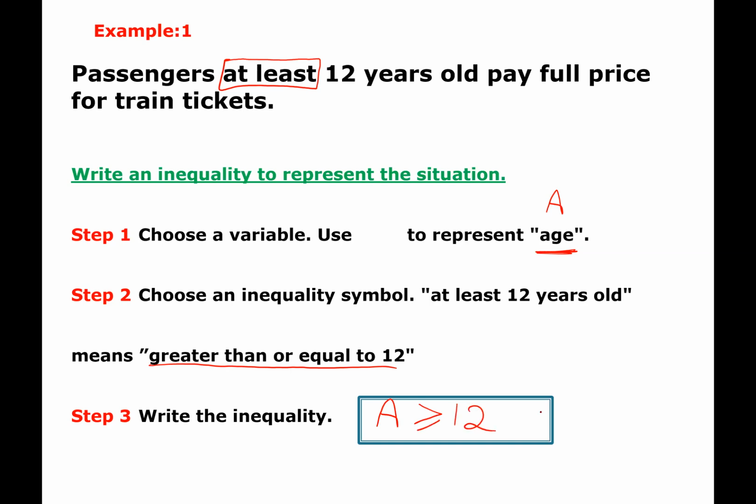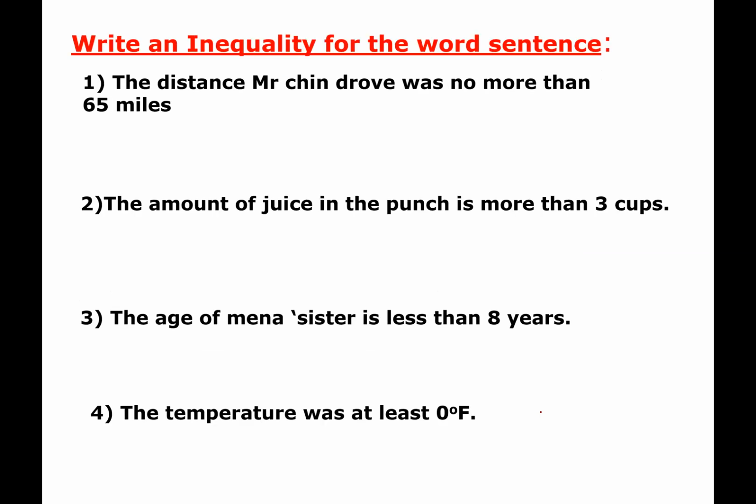Excellent. How about you solve more examples? The distance Mr. Chin drove was no more than 65 miles. Again, the first thing I need to find is the keyword. In this case, it is no more than. And my variable is the distance. Therefore, I can use a variable d. No more than means less than or equal to.